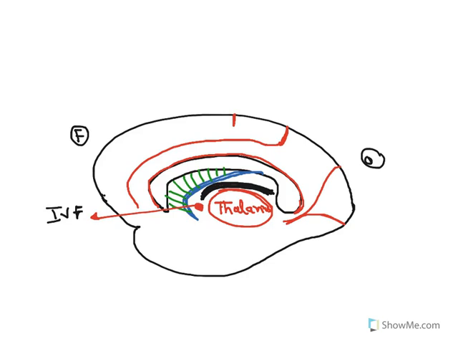Just to name the gyri which are present on the medial side of the cerebral cortex, here we have the lingual gyrus below the calcarine sulcus, and between the calcarine and the parieto-occipital we have the area called the cuneus, as we mentioned in the first lecture.